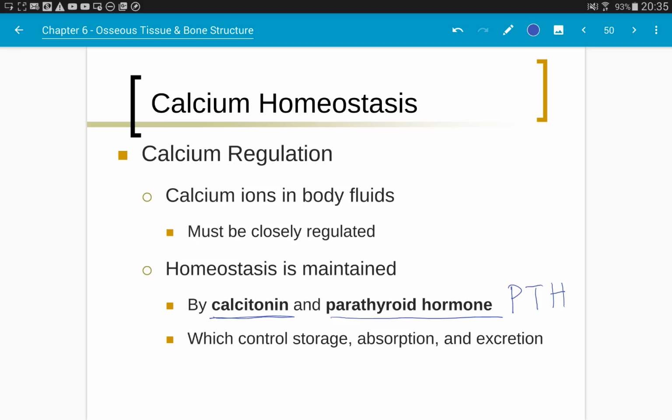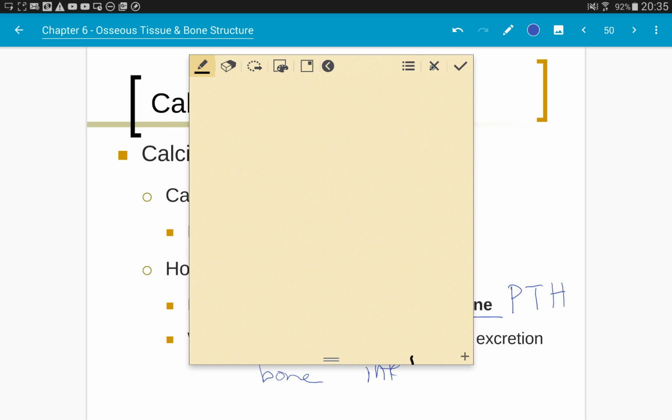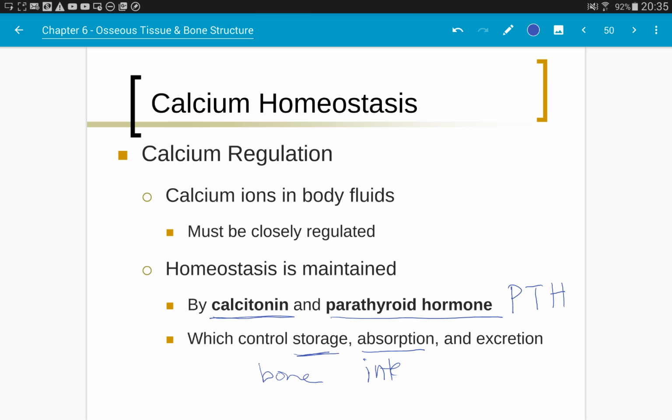So our body is able to help maintain blood calcium ion levels, homeostasis, using these two important hormones, calcitonin and parathyroid hormone. And so these control the storage, so that's at the bone level, absorption, which is at the intestines, and excretion.